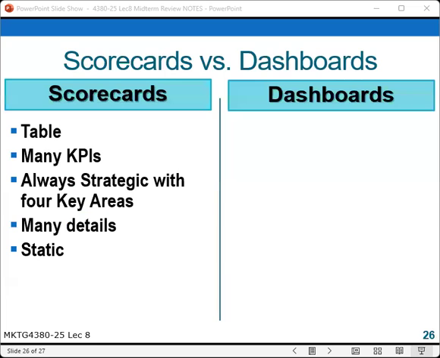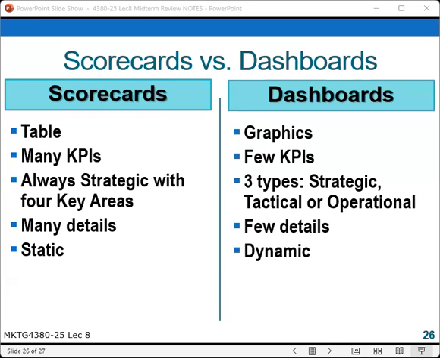They always had their 4 strategic key areas that included the financial, the internal business process, the customer area, and the employee area, the learning and growth. So that's what set it apart. Lots of detail in there. Typically, they were static, and this compares to dashboards, which have far less information on there. Just a few graphics, few KPIs.